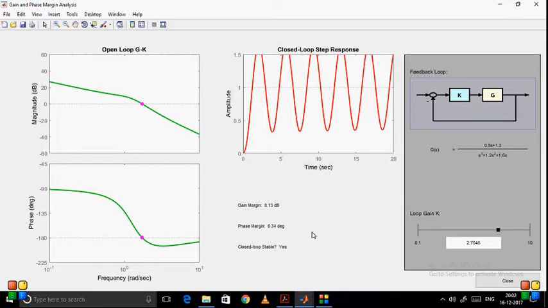You can see that the gain margin is 0.13, just stable. It is on the verge of instability, and you can see the phase margin is also positive. When both are positive, the system is stable.